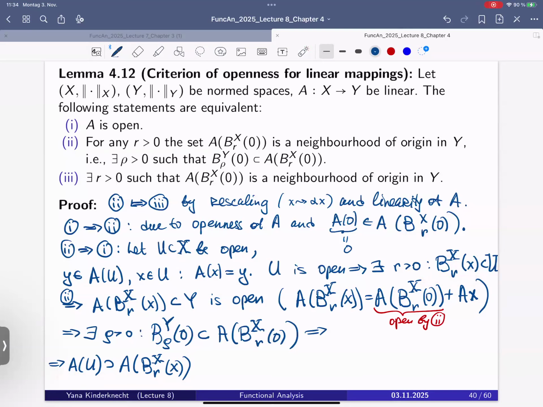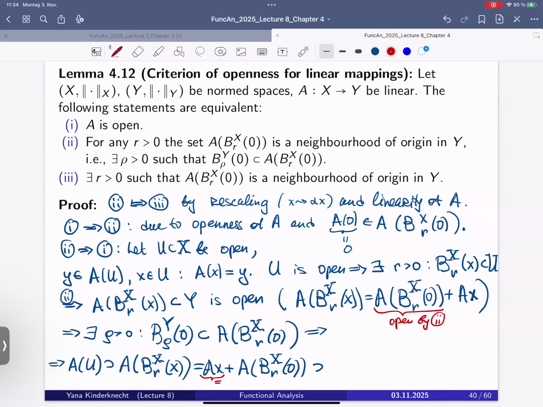But what is it? The right-hand side is equal to A of x plus A of this B_R(0).